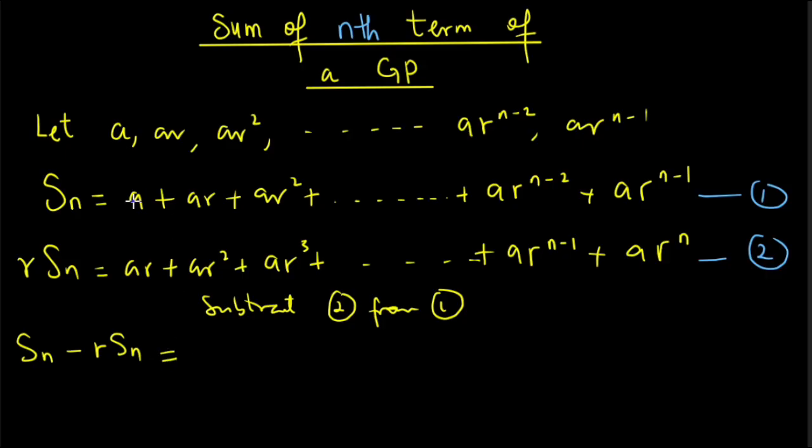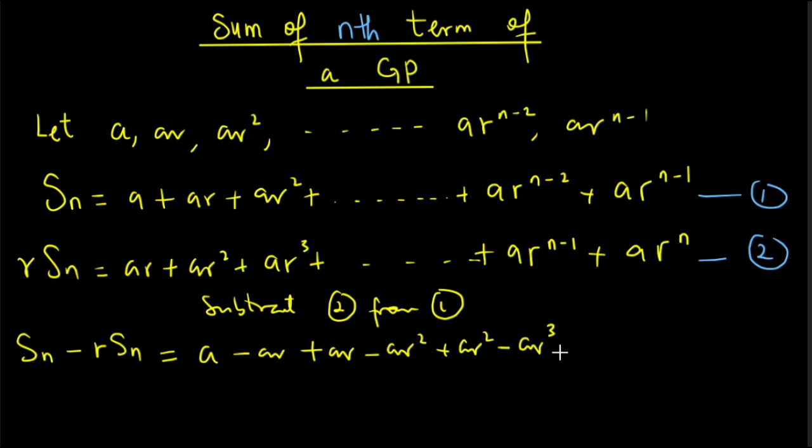It means A minus AR, then plus this AR, now minus AR squared, plus this AR squared, minus AR cubed, since we are subtracting.